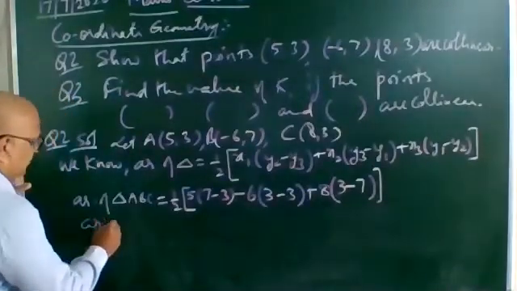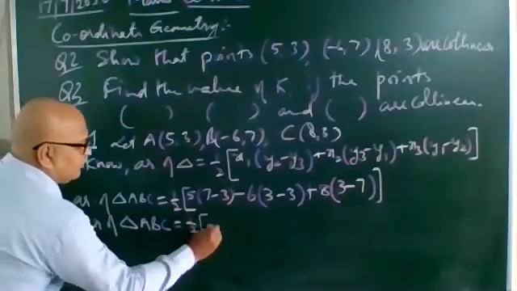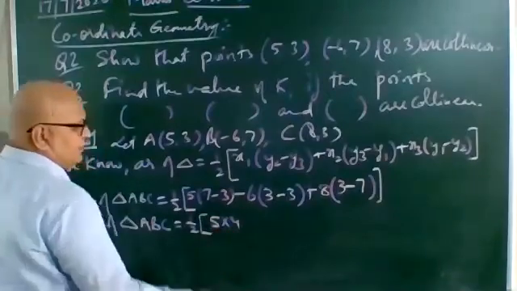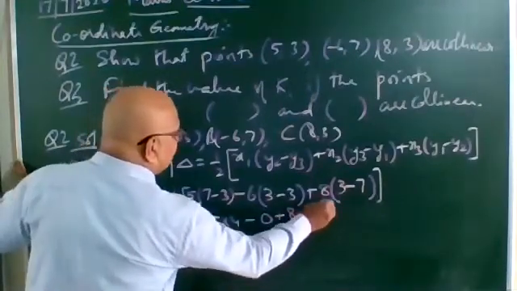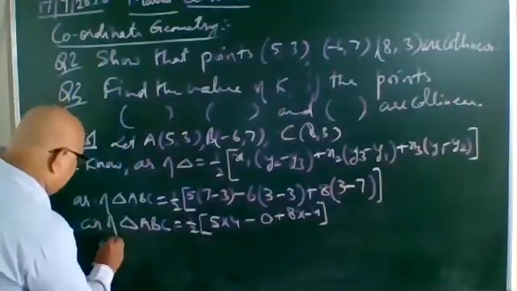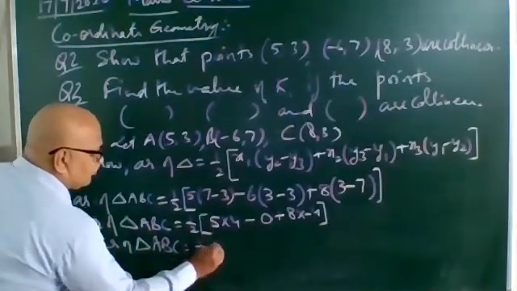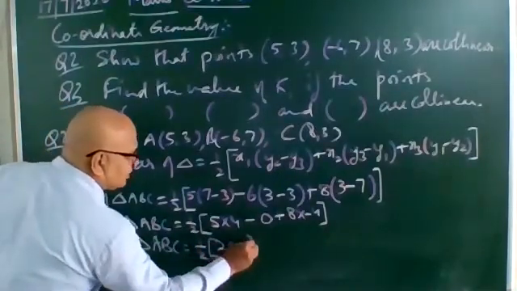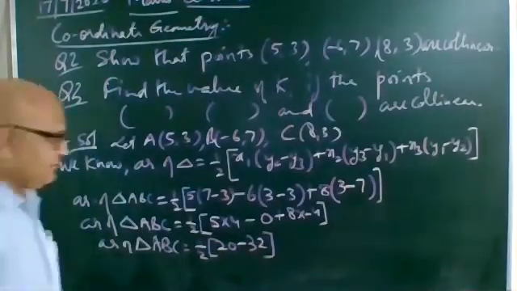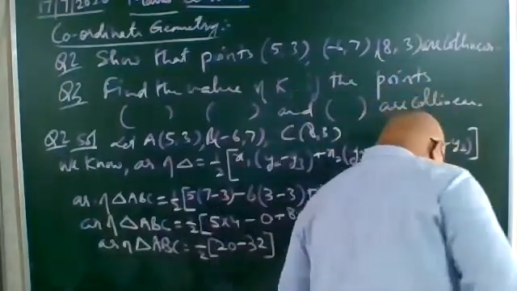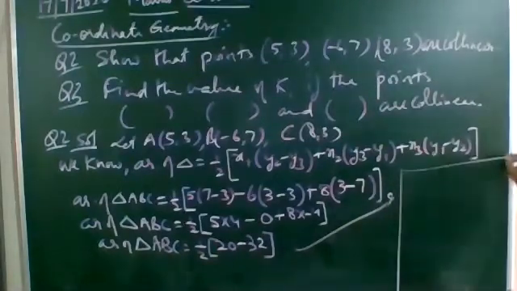Area of triangle ABC = 1/2 [5 into 4 minus 0 plus 8 into minus 4]. Area of triangle ABC = 1/2 (20 - 32).